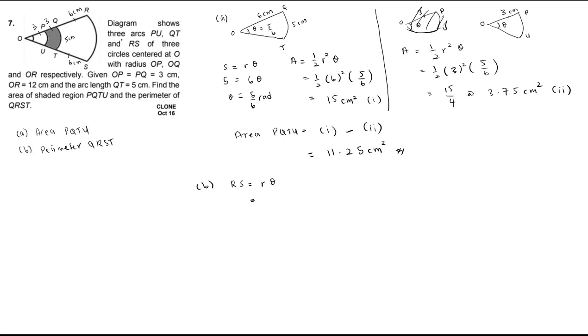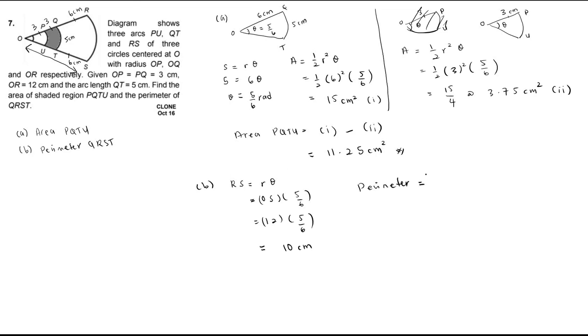The radius, arc length of RS, so the radius is from O to S. And theta, again, theta is the same, so 5 over 6. OS, 12 cm, multiplied by 5 over 6. So from there we get 10 cm.